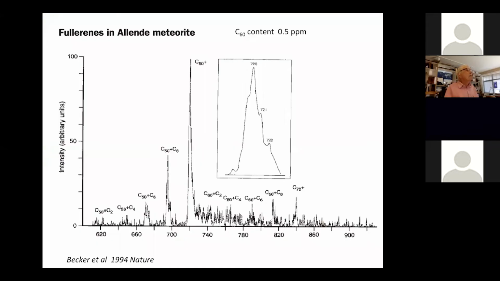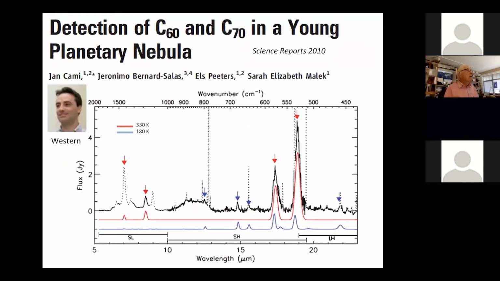Now, Fullerenes have turned up in meteorites, and again, you see in this mass spectroscopy of the Allende meteorite, there's quite a peak corresponding to C60. Also, the group at Western, led by Jan Cami, has detected C60 and C70 in planetary nebulae, or in a planetary nebula, I should say.